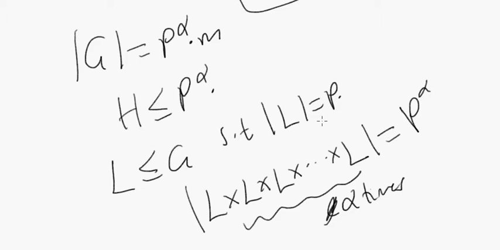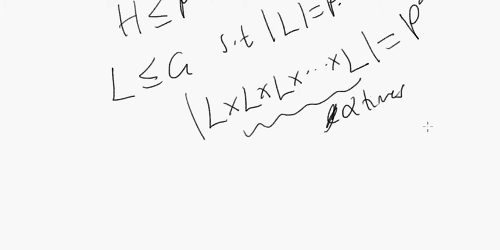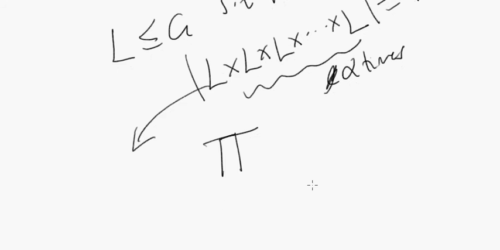Well, does this idea have any merit, considering the cross product? One thing at least we can say for sure is that this L cross L, maybe let's write it like this instead, is the product as i runs from 1 to alpha of L, and here the product is a cross product, right?